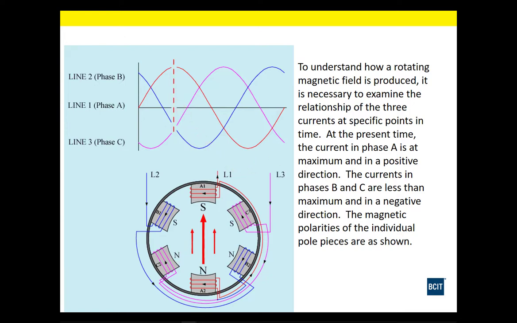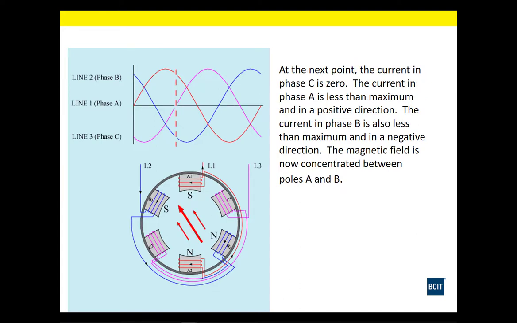So if we carry on to the next increment in time, now we have A phase a little further down in the cycle. We have C phase crossing, so it's going to be at 0, and there's no current flow at that moment in time. B phase is going to have the equal and opposite amount of current as A phase.